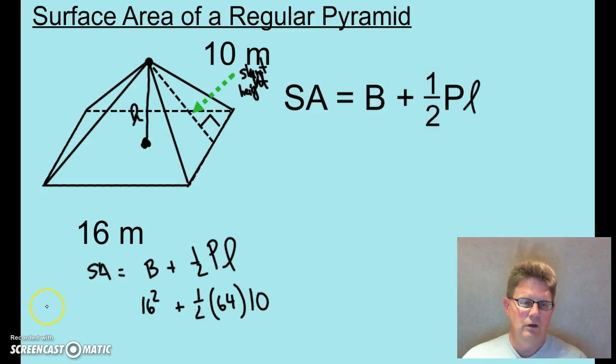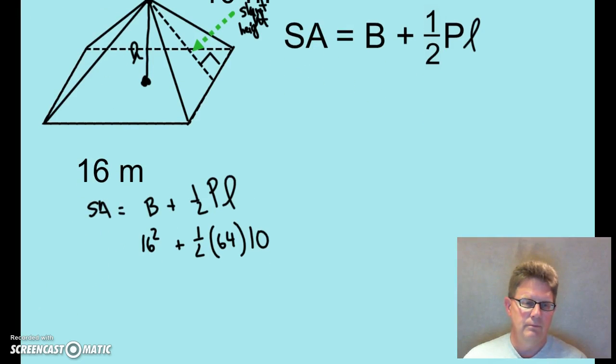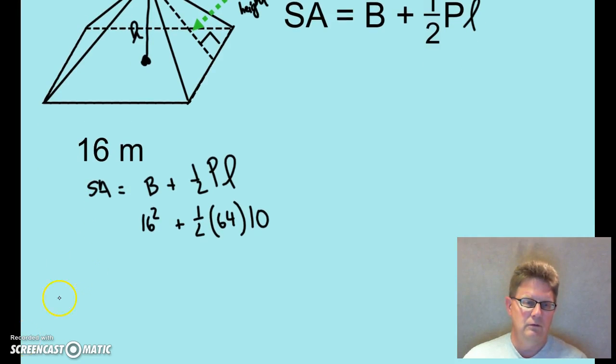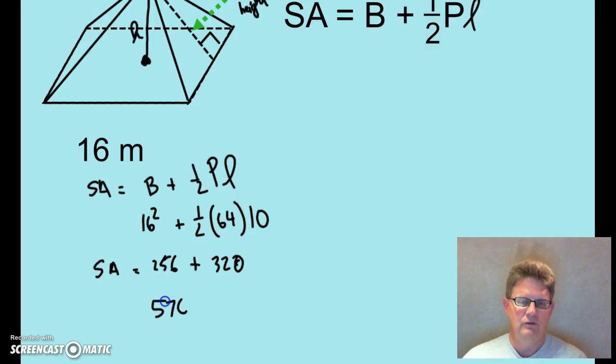So the surface area is 256 plus 320, so that would be 576 square meters. And that is the surface area of a pyramid.